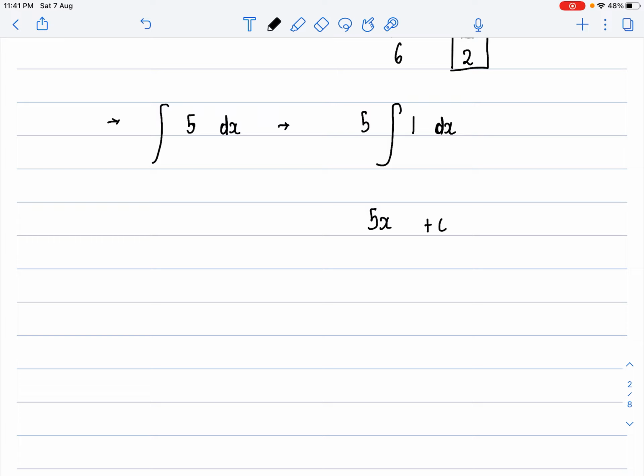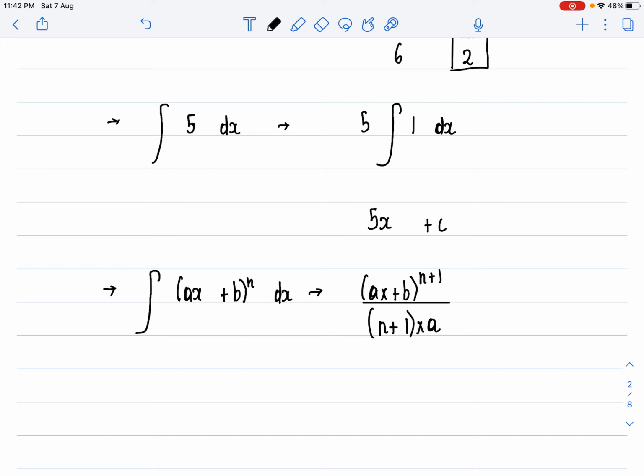Another thing you recall from AS level is that if I have the integration of ax plus b raised to n dx, the formula is ax plus b raised to n plus 1 divided by n plus 1, multiplied by a.